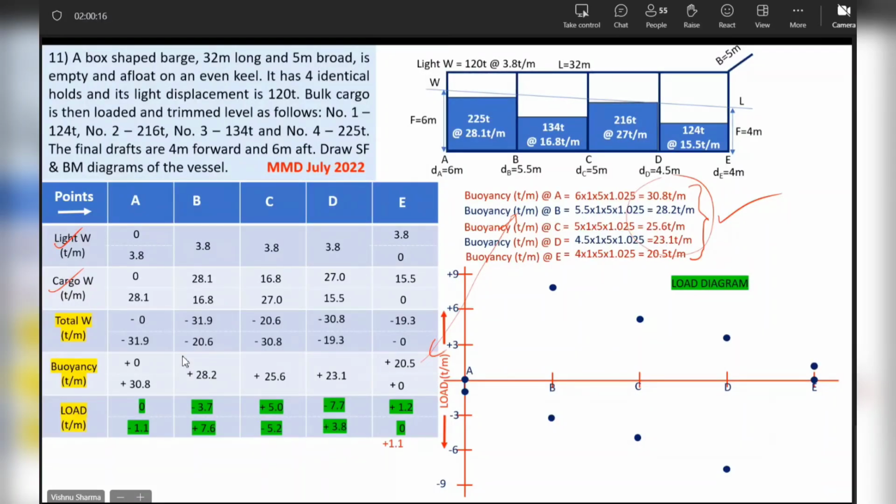You can see it now being joined: 1.1 to 3.7, 3.7 to 7.6, then to 5, then minus 5.2, then minus 7.7, then plus 3.8, then plus 1.2, plus 0. And each of them is 8 meters. These are the values I have put on the diagram. Guys, please see and tell me if you are satisfied with the load diagram or you have any questions.